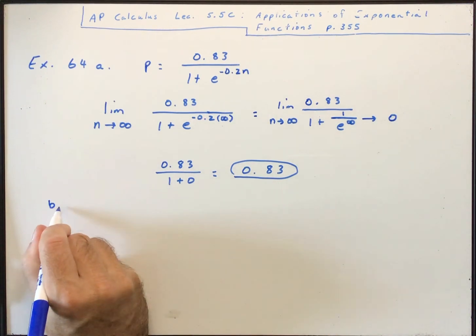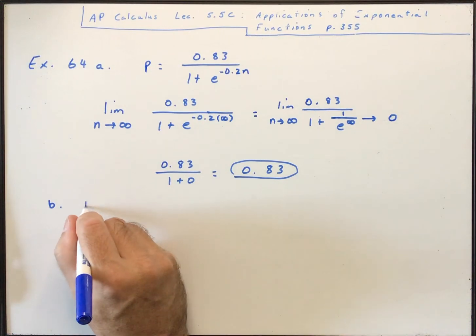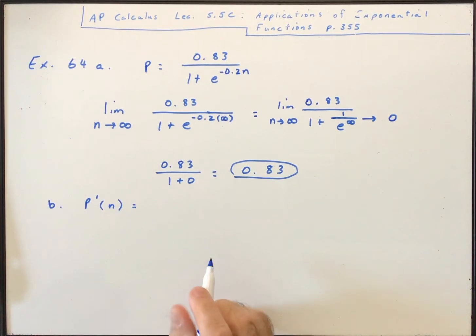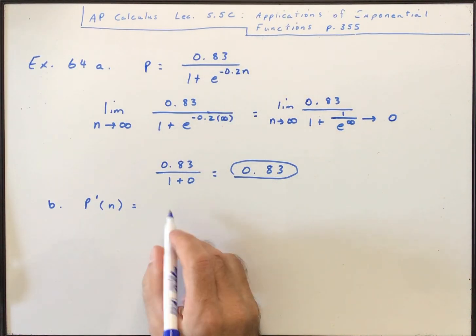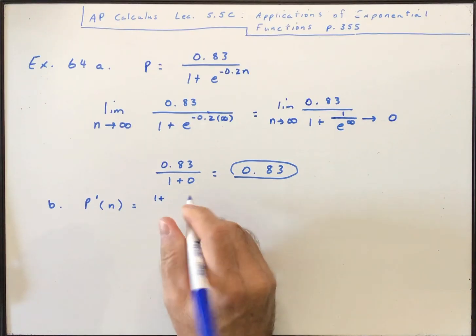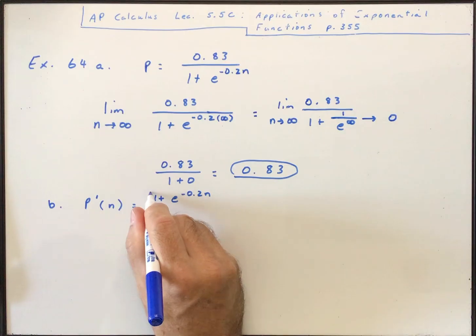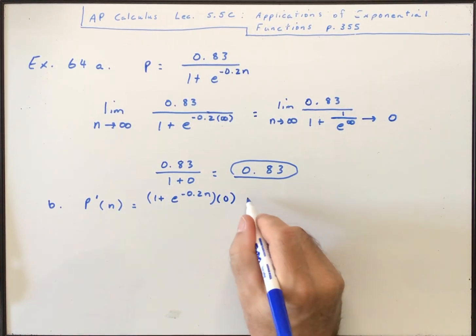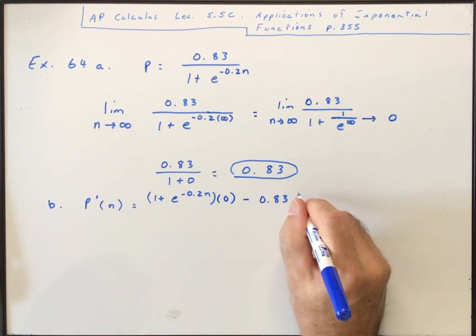All right, and then 64b says find the rate at which P is changing after 3 trials and after 10 trials. So we need to take the derivative for rate of change. So P prime of N is going to be, this is a quotient rule, so it's the bottom, 1 plus e to the minus 0.2n, times the derivative of the top, that's a constant, so it's 0, minus the top, 0.83, times the derivative of the bottom.